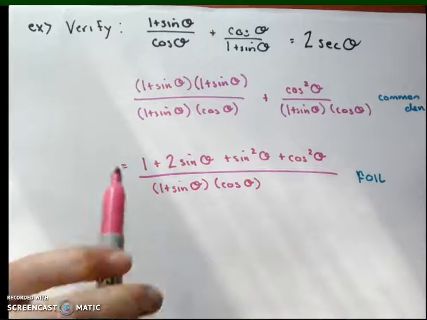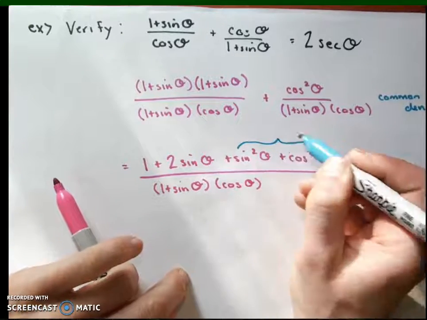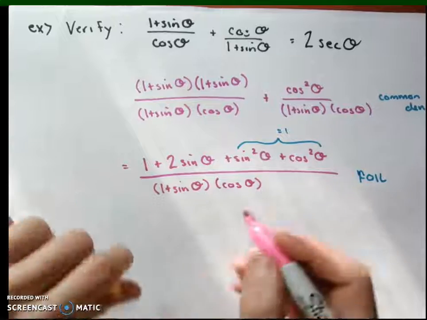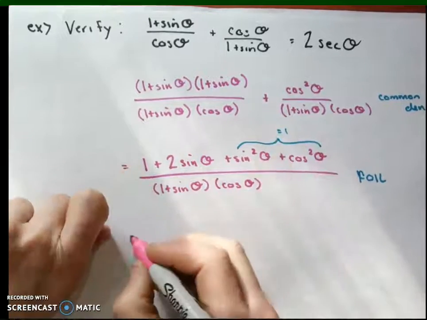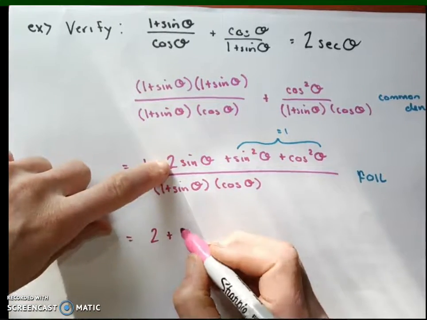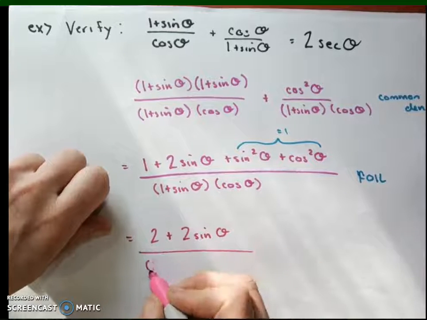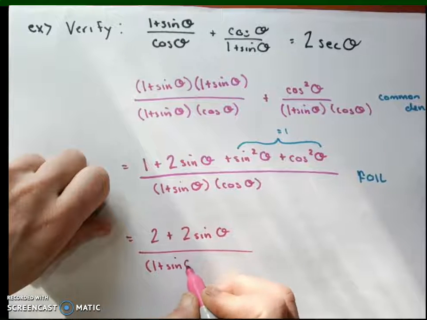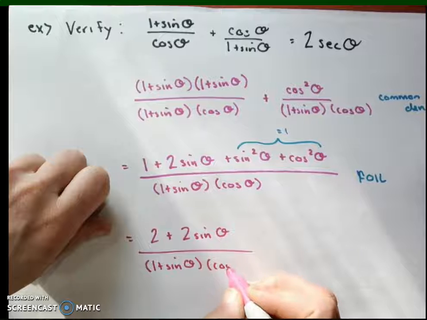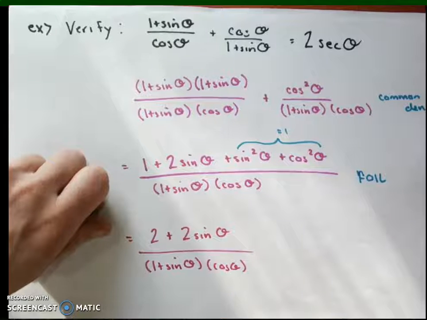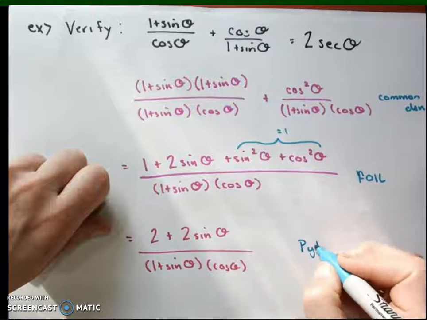Now if you look at sine squared plus cosine squared, that equals 1. So I have 1 plus 1 is 2 plus 2 sine theta over this denominator. That's by Pythagorean identity.